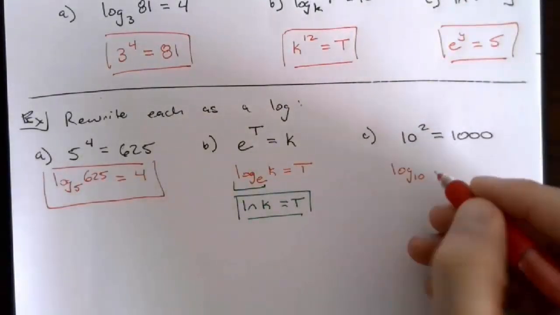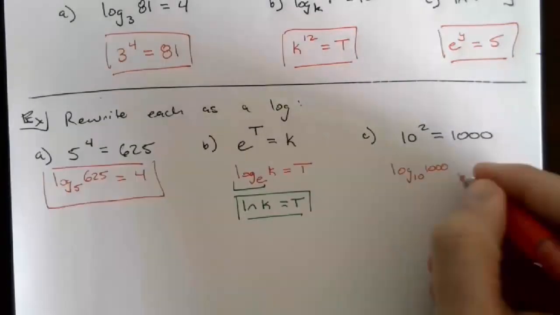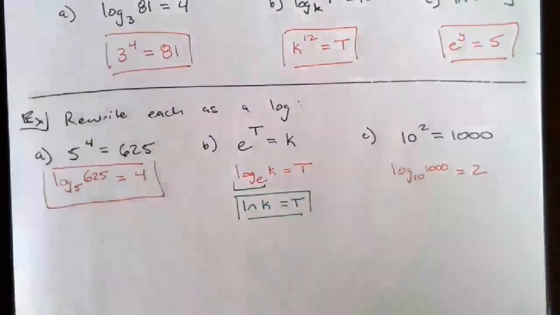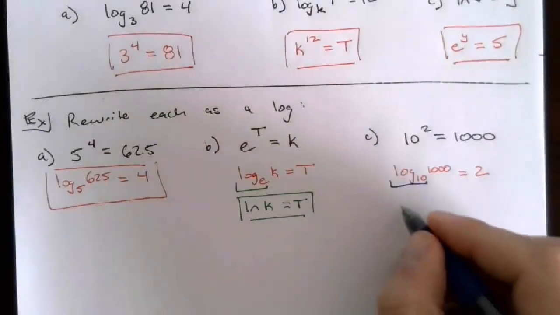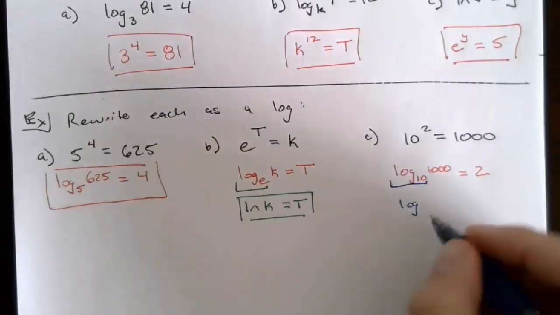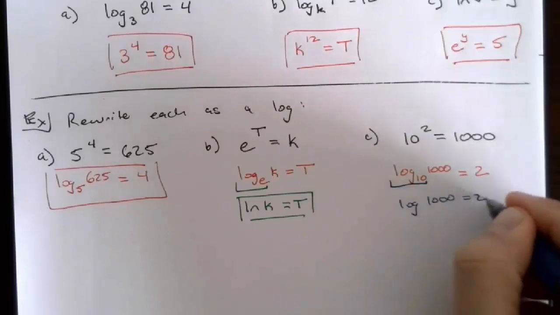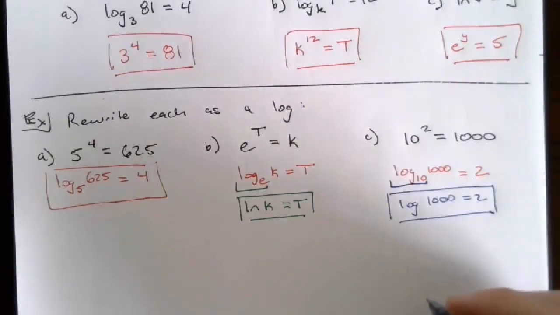Well, it's whatever the exponential is equal to, so it's log base 10 of 1,000, and it's equal to the exponent, which is 2. Now, one of the things that you should know, this is important, is log base 10, we just write as log. So if you see log without a base, we assume it's base 10. This is log of 1,000 equals 2.